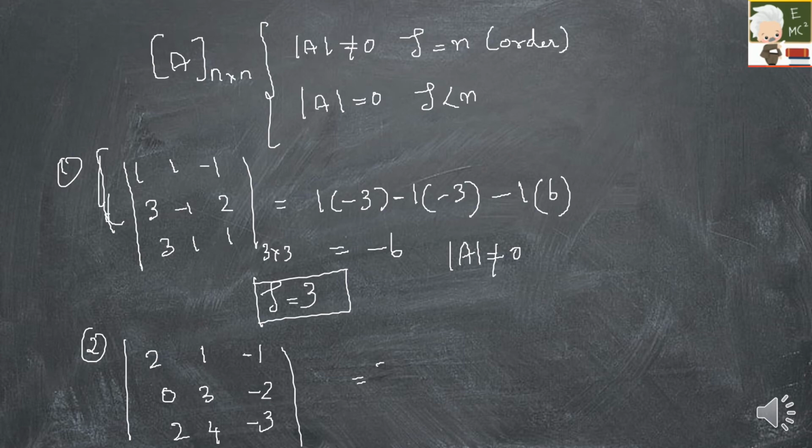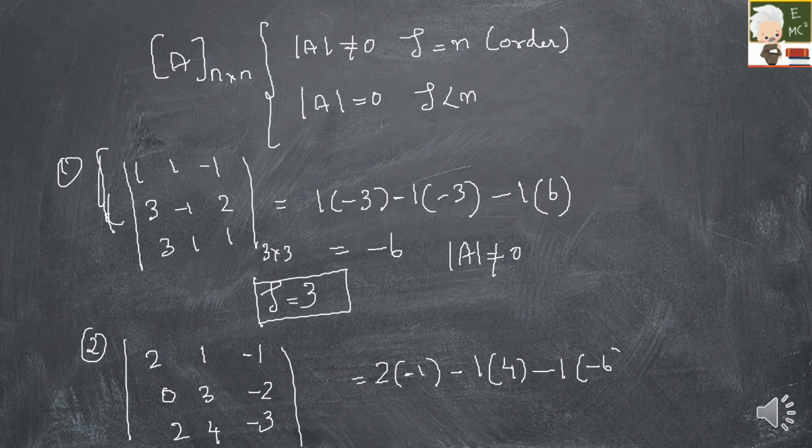It will be 2 into minus 9 plus 8, which will be minus 1, minus 1 into 0 minus of minus 4, which will be plus 4, and then minus 1 into 0 minus 6, which will be minus 6.